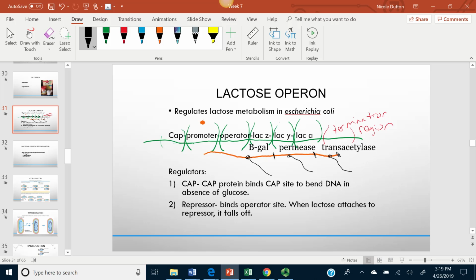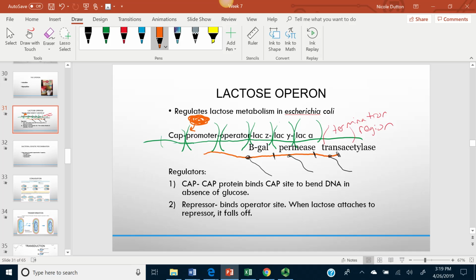We have to be able to turn this thing on and off. And there's 2 ways that we regulate the Lac Operon. Number 1, this cap region. Cap binds to the cap site to bend DNA in the absence of glucose. So if RNA polymerase wants to bind, it tries to, but cap gets in the way.